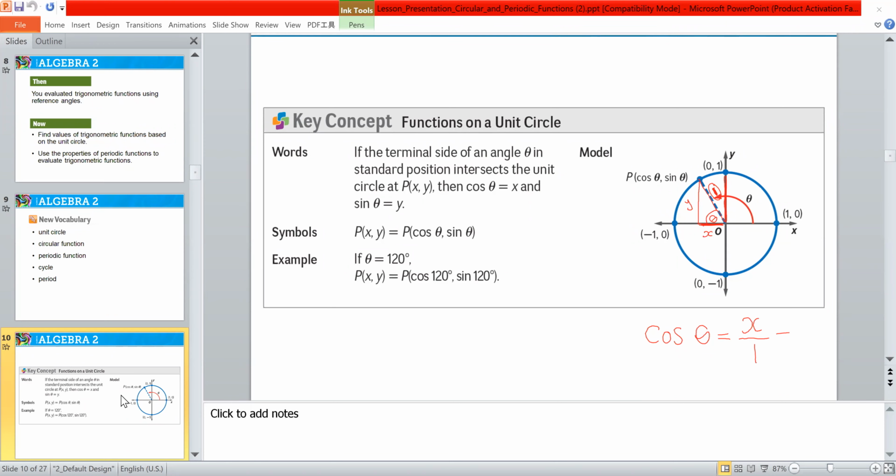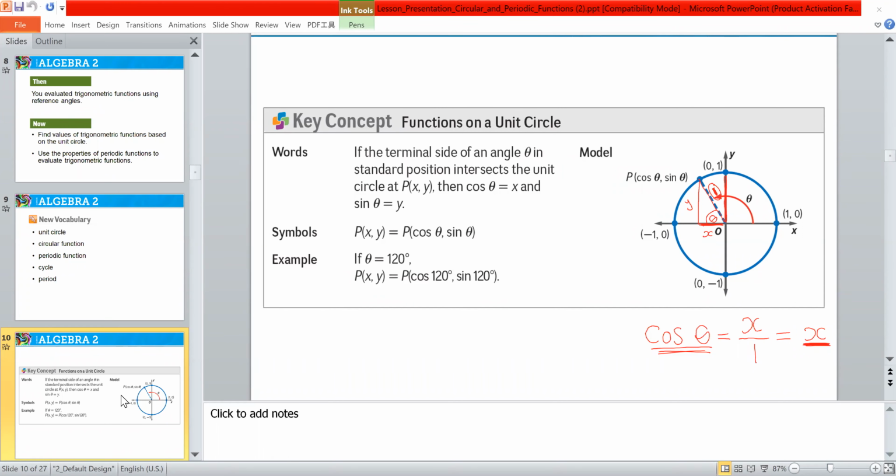So cosine theta is represented by what in the unit circle? X. So the x coordinate in the unit circle can be represented by cosine theta.